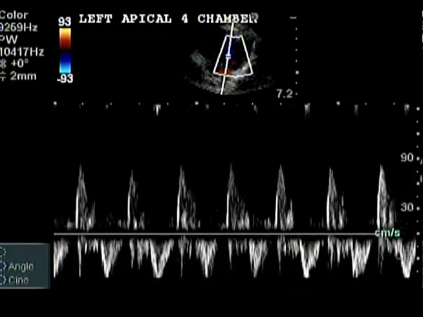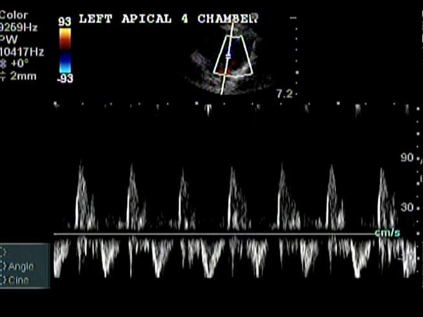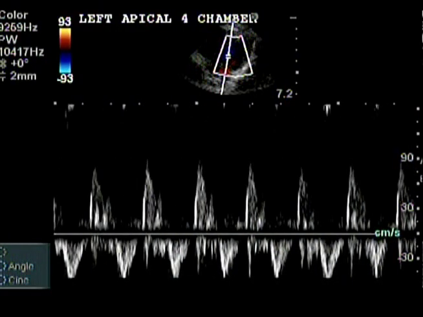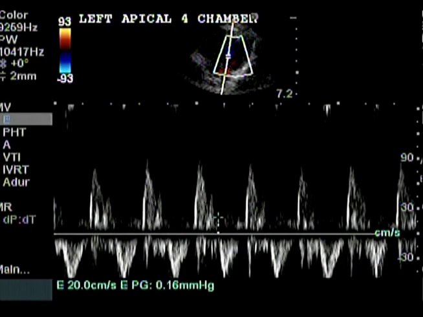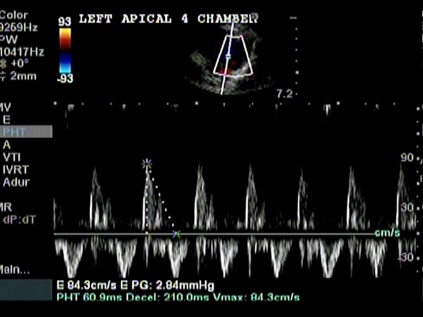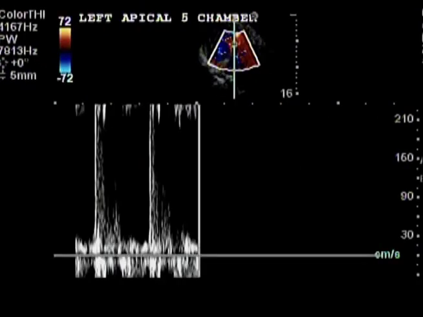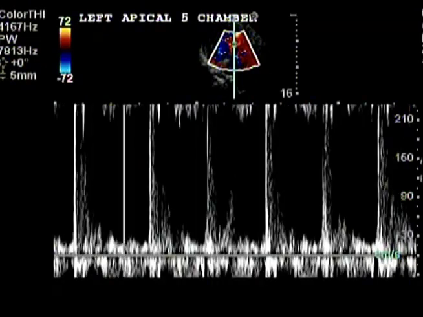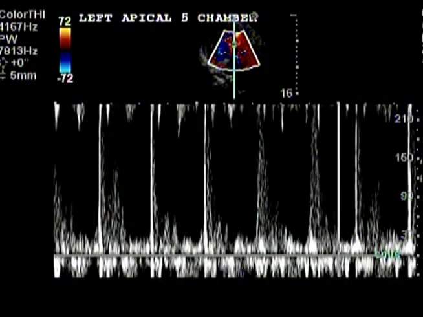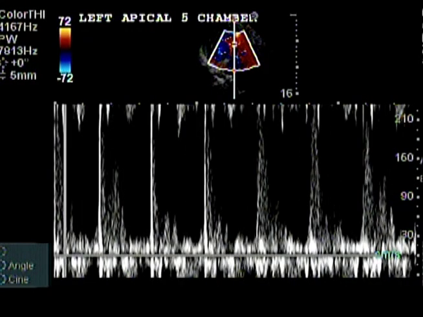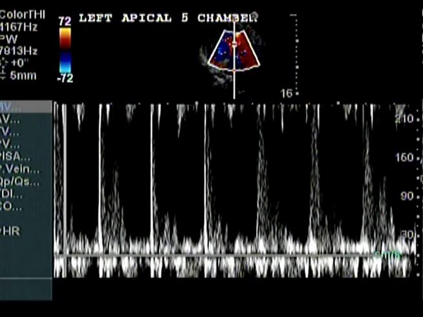In mitral regurgitation, more than half of the total stroke volume that should be going forward through the aortic valve may be ejected retrograde into the left atrium, leading to early closure of the mitral valve and a short deceleration time. Values less than 80 milliseconds suggest severe mitral insufficiency and poor survival.